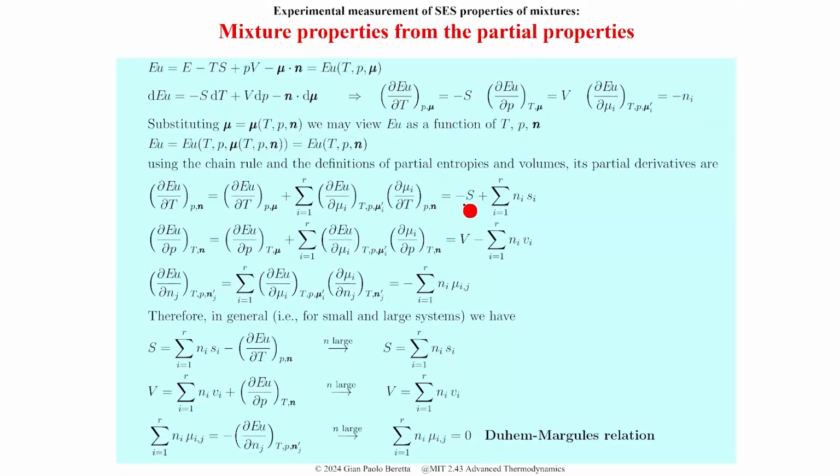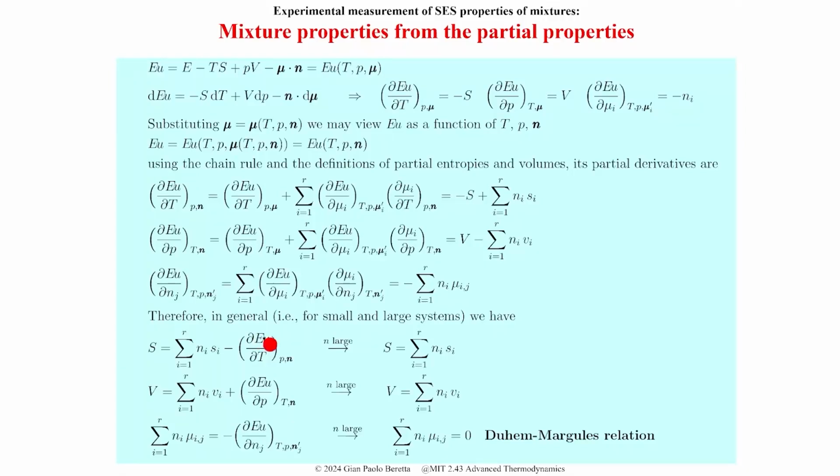Okay. So if I now take this expression and rewrite it here, it says that the overall entropy of my mixture is equal to the weighted sum of the partial entropies weighted by the amounts with which the constituents are present in the mixture, minus a correcting term that has to do with the Euler free energy.